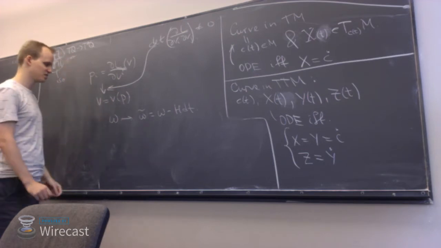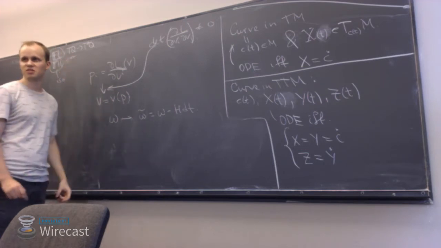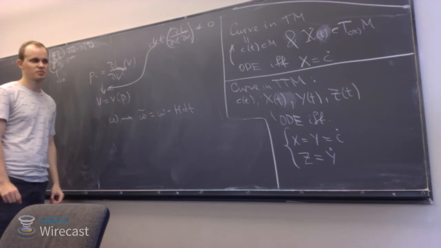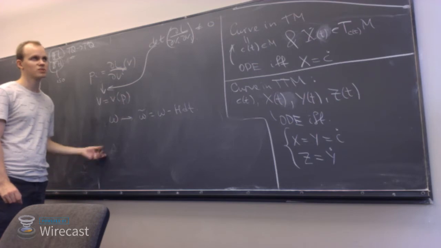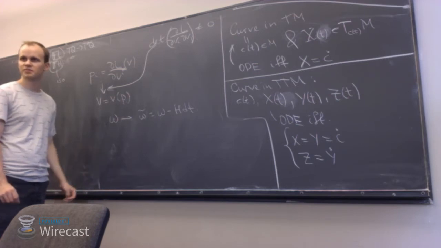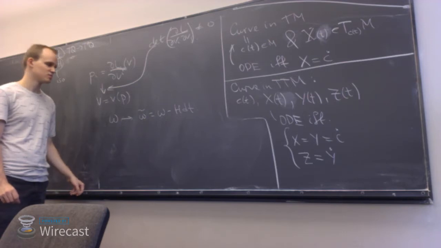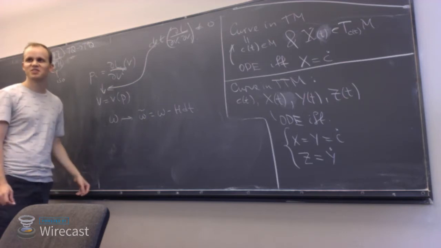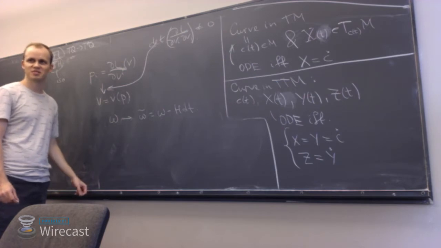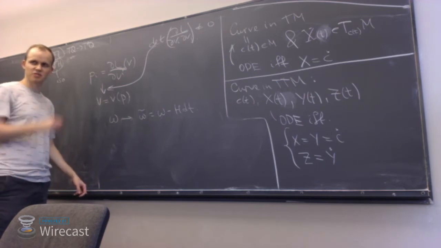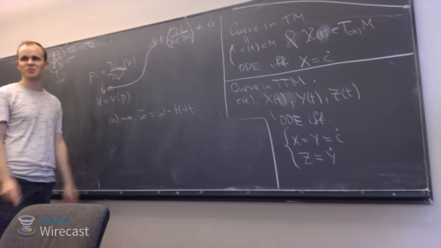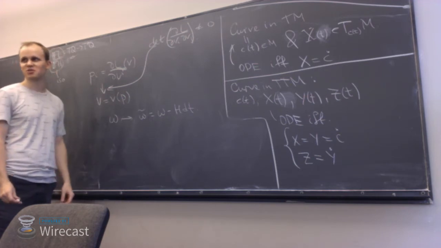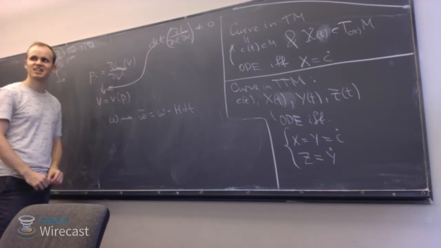And in the Lagrangian analog, nothing changes. In the Lagrangian theory, there's nothing but the Lagrangian, right? In Hamiltonian theory, you have a Hamiltonian and a symplectic form. In a Lagrangian theory, you have only a Lagrangian.